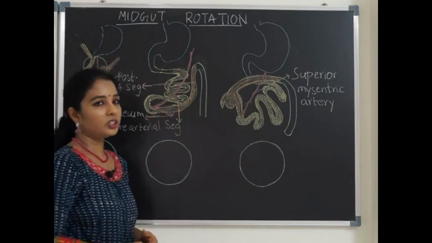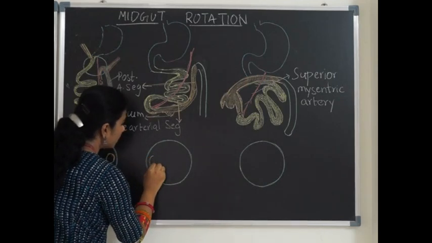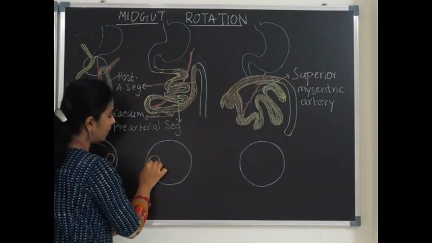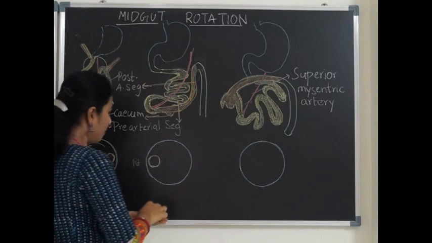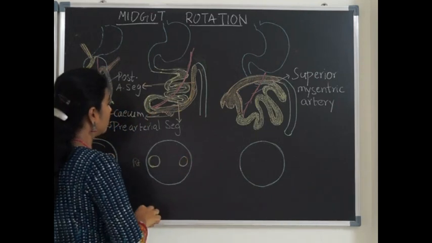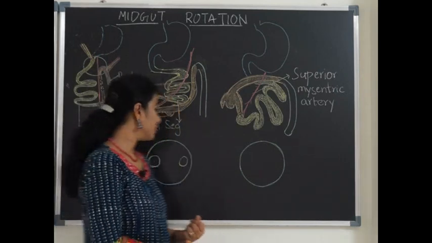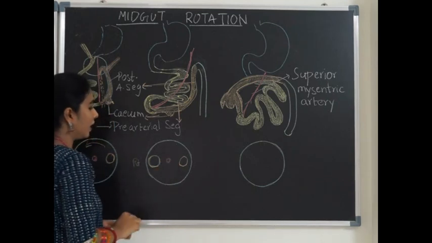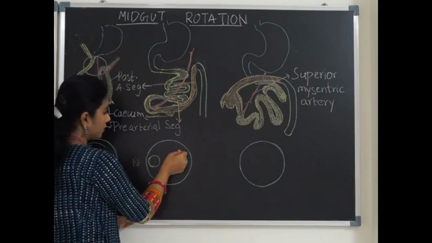Inside the abdomen, initially the coils of the pre-arterial segment are present on the right side, and the post-arterial segment lies towards the left side. We can see the cecum, initially present on the left side, and in between is the superior mesenteric artery.